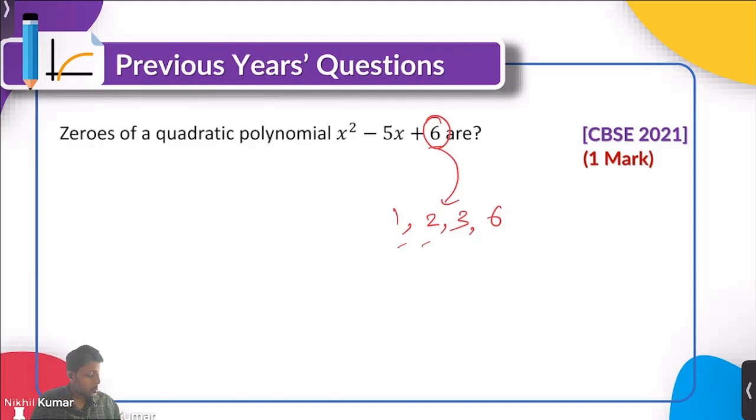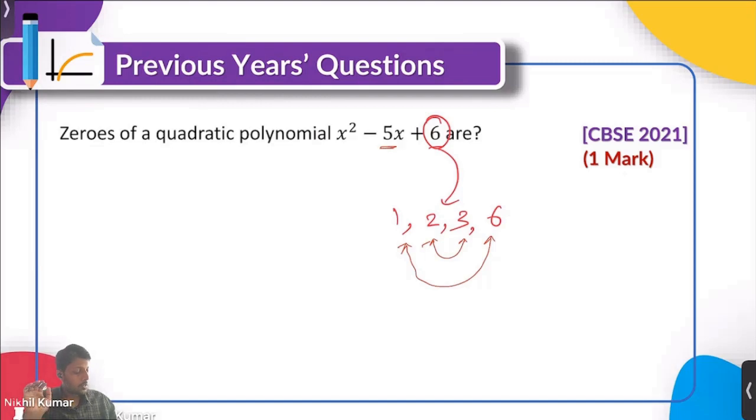I can either choose 2 and 3 or I can choose 6 and 1. Clear? Okay. But which one? Which pair should I choose? There is another condition. See, whatever factors I choose, their sum has to be 5 or minus 5.